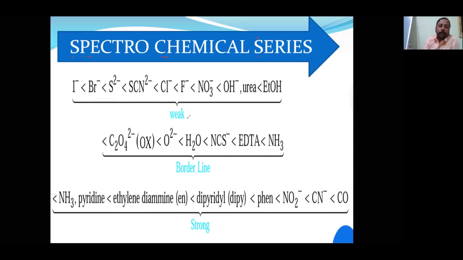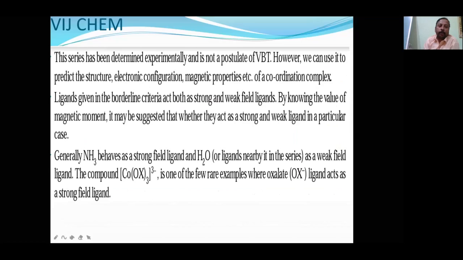Now let us see what is next. Some important points are there. These points are useful for attempting the more than one correct options questions related to theory. This series has been determined experimentally, and is not a postulate of VBT, valence bond theory.